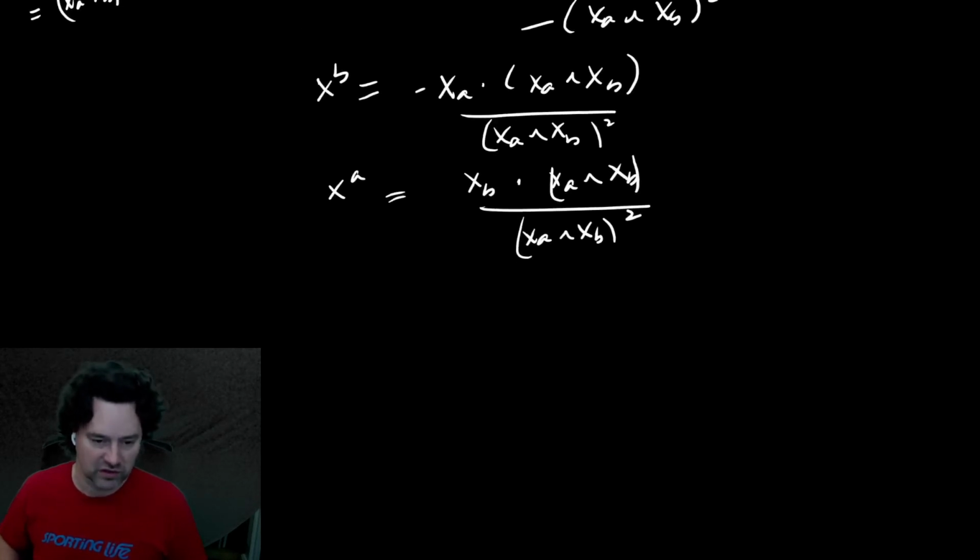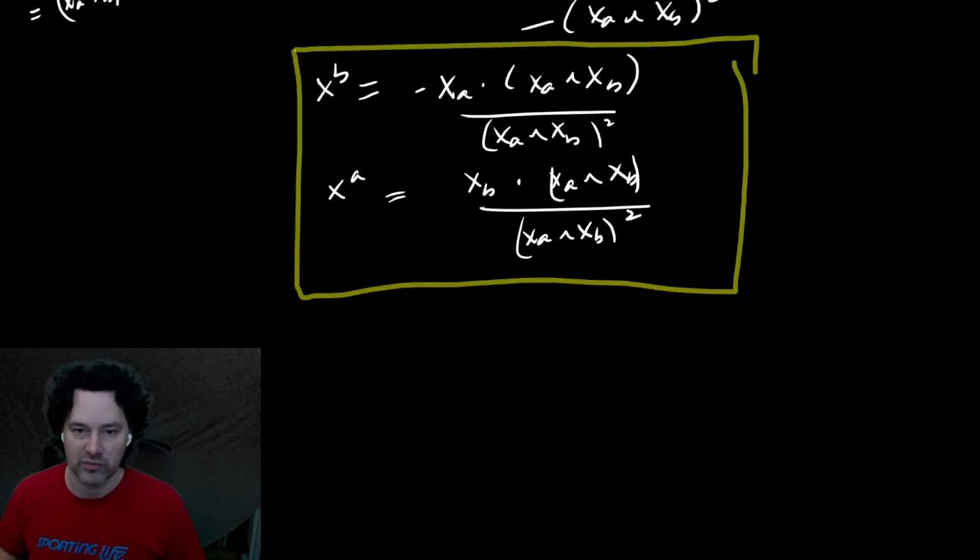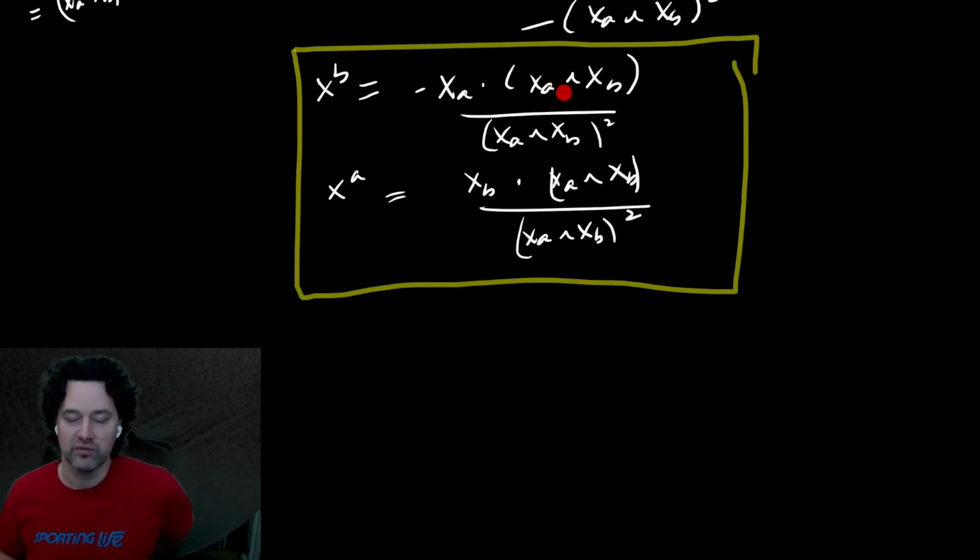We almost have this in a nice tidy form. We can tidy this up a little bit because this is just a scalar on the bottom, we can put that scalar in with our bivector, and then if we have a bivector divided by a bivector squared, that's just the inverse of that bivector.